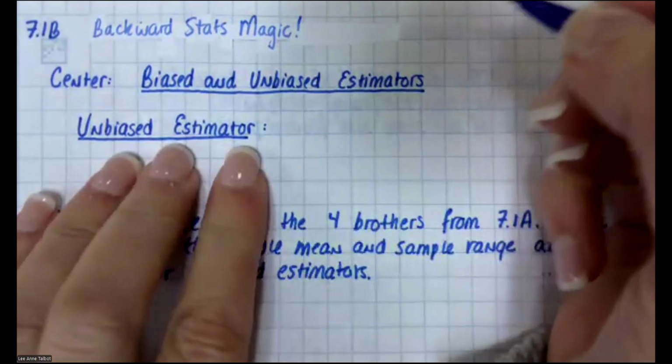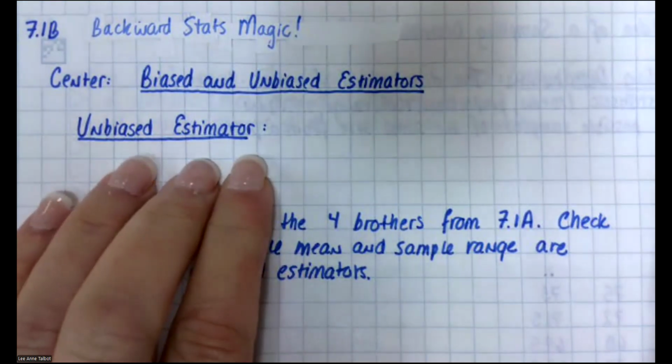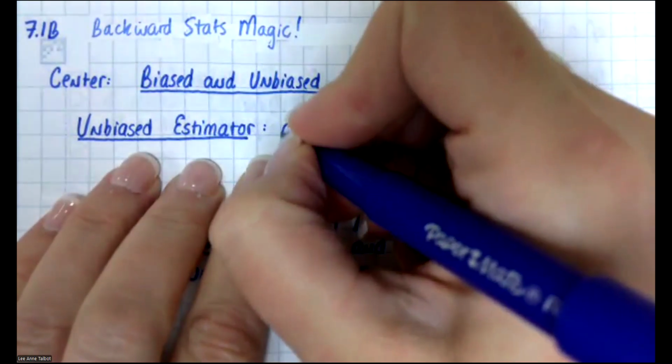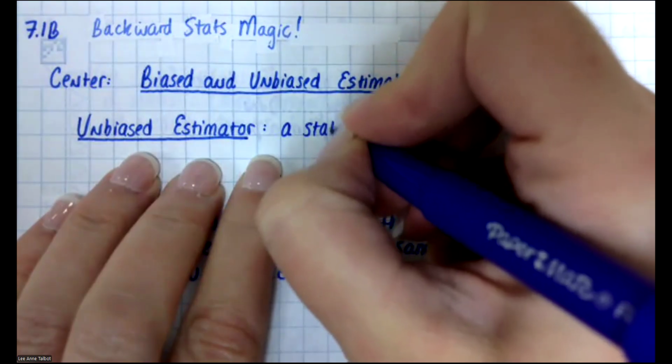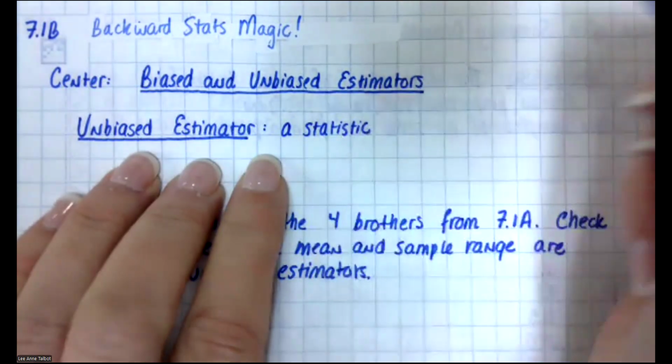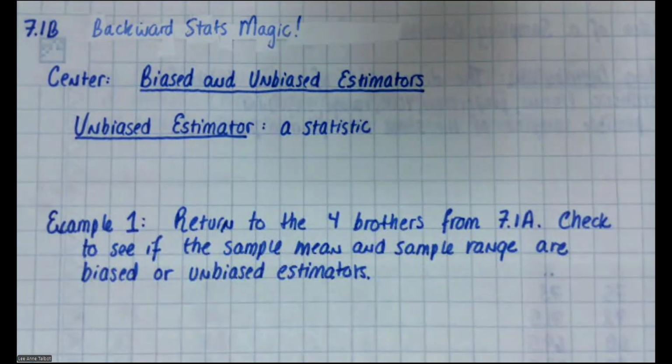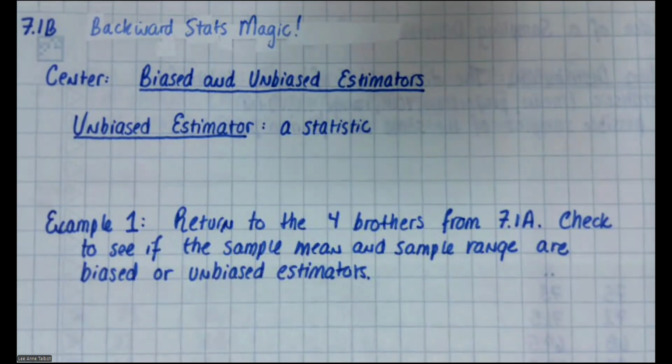Okay. Unbiased estimator. I'm hoping this makes sense to you. A statistic. Okay, so think about a statistic being an estimator, because that's what you got from your sample. So remember, sample starts with S, statistic starts with S. Those two things go together, sample, statistic.